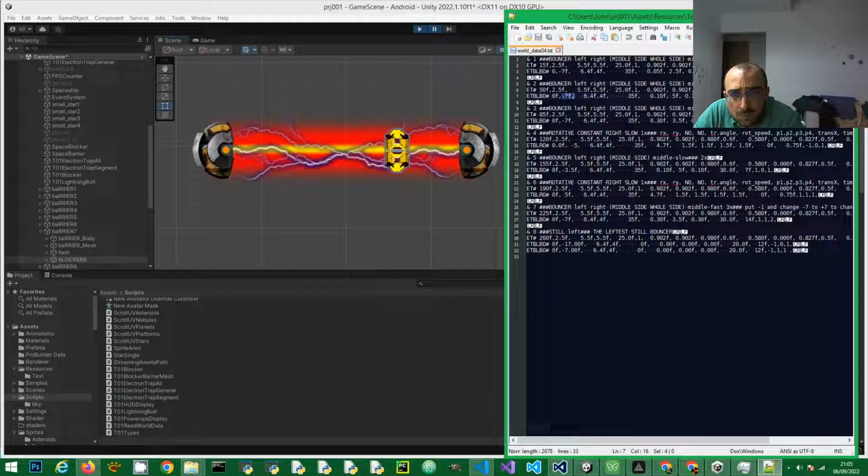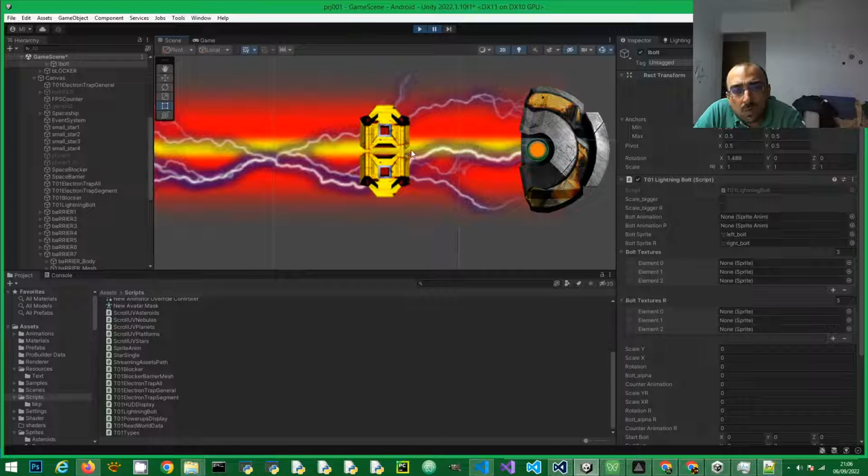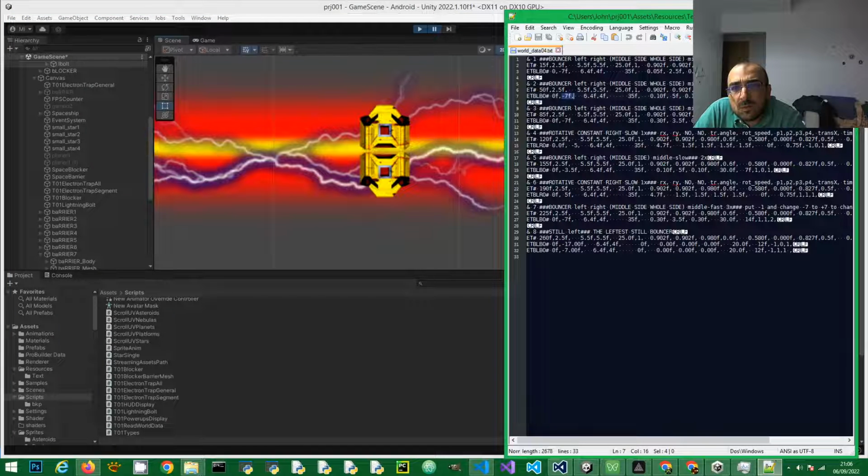But for now, we're just going to let them be as they are, because we want to make them move first. We want to see them move left and right, and then we will solve this other issue. So we want to make them move left and right based on these three speeds.